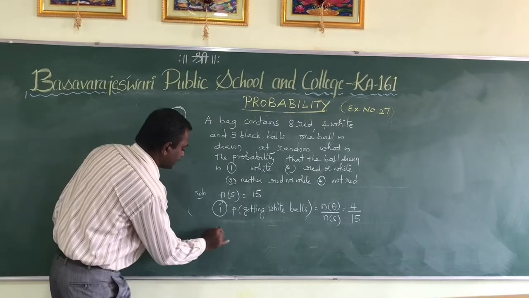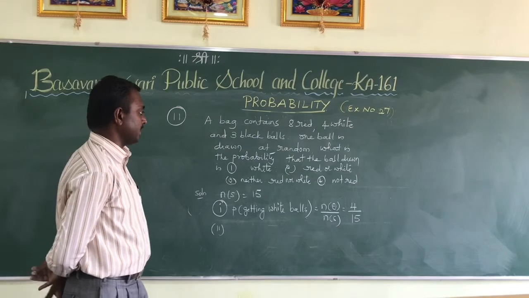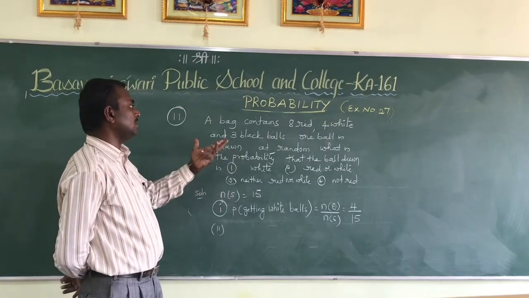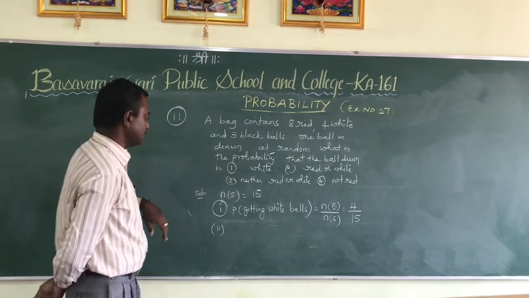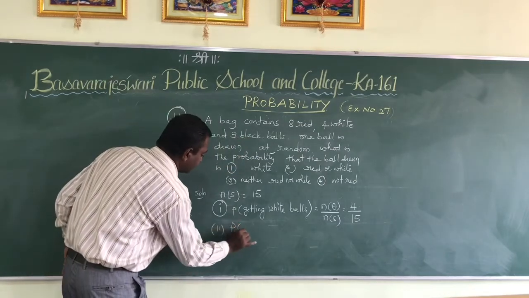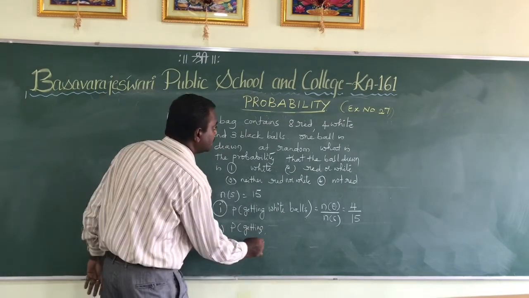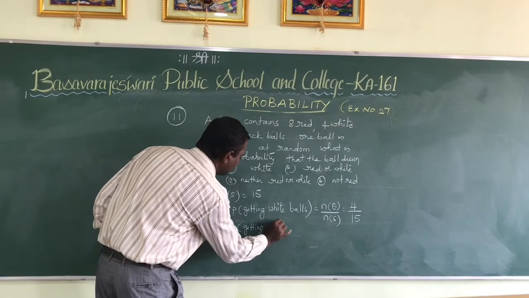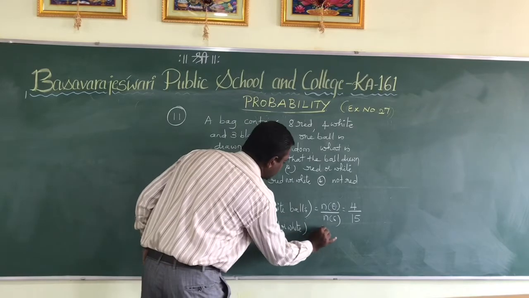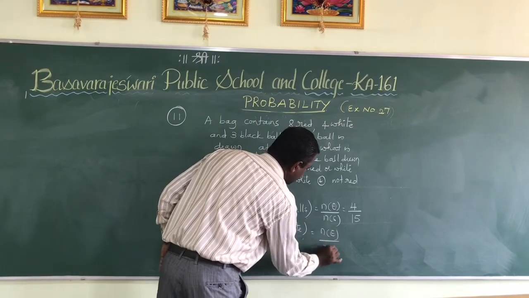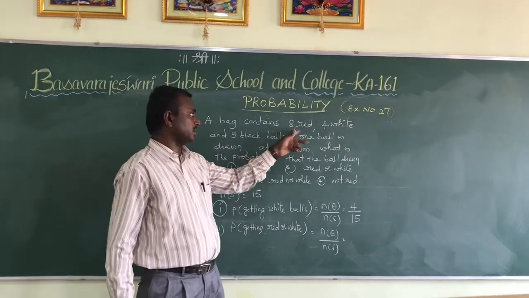So what is the second question they are asking us? They are asking red or white. That means we can take a red or we can take a white, but we cannot take the black balls. So probability of getting red or white is equal to n of E by n of S. So red, how many are there? 8 red balls.